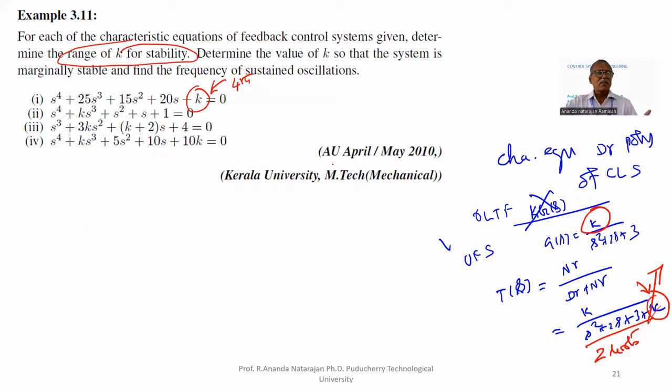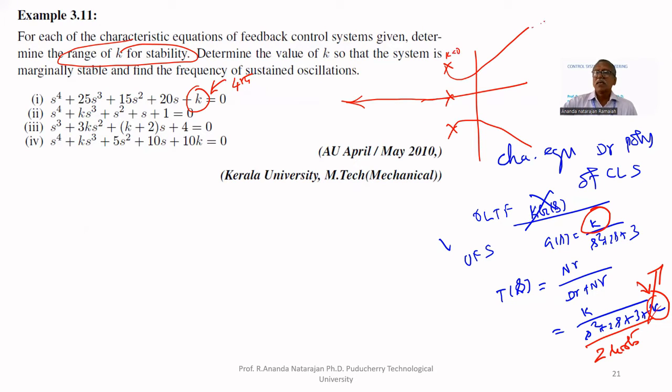I told you that the poles will move towards the right hand side. Suppose this is a third order system. As k increases from 0 to infinity, this pole moves towards left. This pole moves towards right. This also moves towards right. So here k equal to 0, here k tends to infinity.